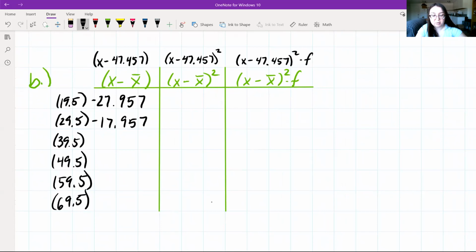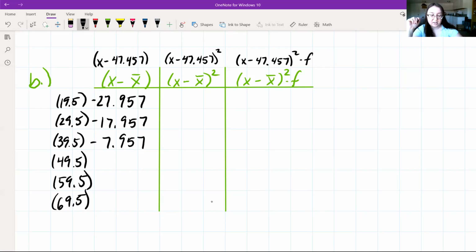Then we take 39.5 minus 47.457. This is going to be negative 7.957. If you recognize here, these values just decrease by a factor of 10 since our midpoints are increasing by a factor of 10. Then, sorry, they are increasing.